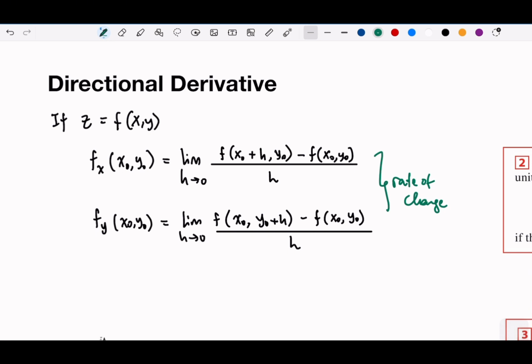But we would like to know if we could compute the rate of change that we can get from our partial derivative.